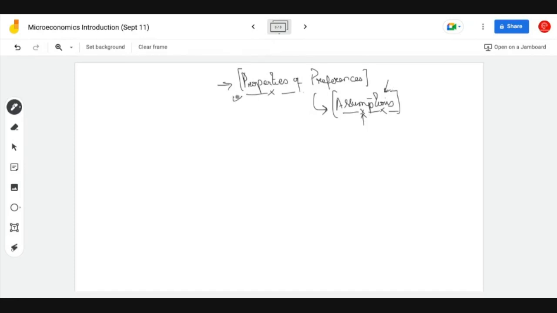Whatever properties or functions we deal with, assumptions are something that we'll have to take care of. And in the entrance examination, they also ask questions on the assumptions.